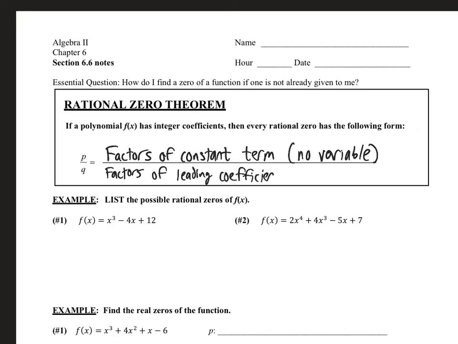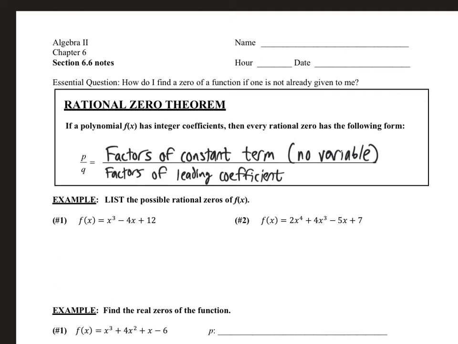So if a polynomial is in standard form, do you remember what standard form is? Standard form is from largest exponent to smallest exponent, and the leading coefficient is the number in front of the variable with the highest exponent. That's our leading coefficient. It's the term that sets the degree of the polynomial. All right, so let's get right into it.